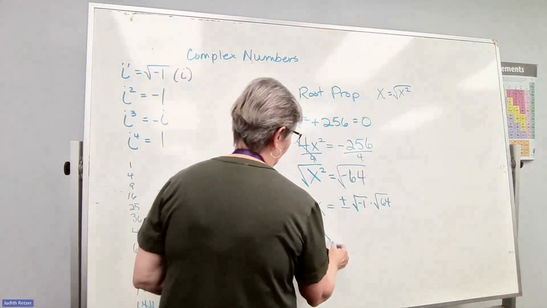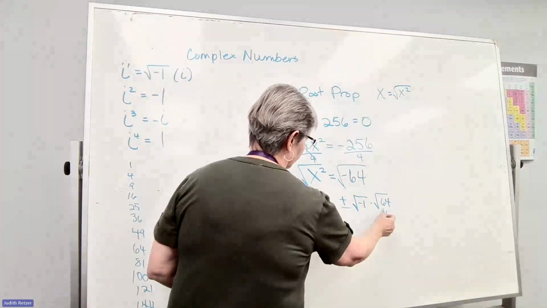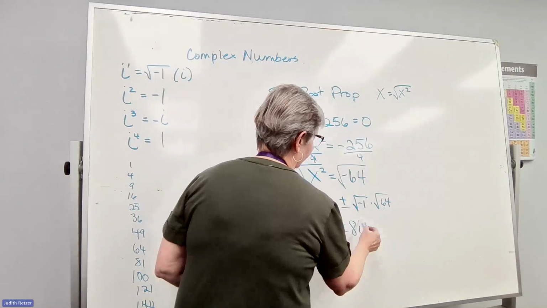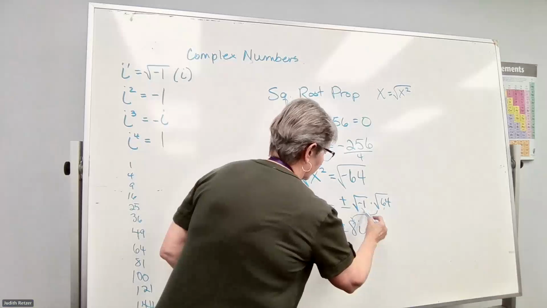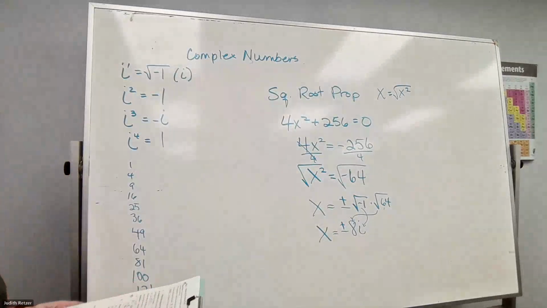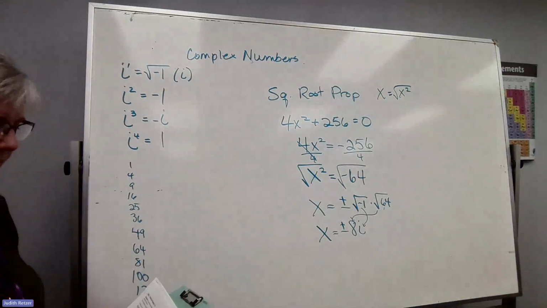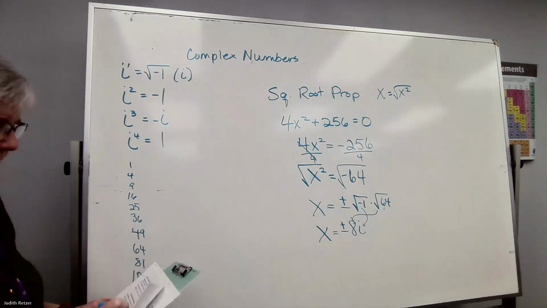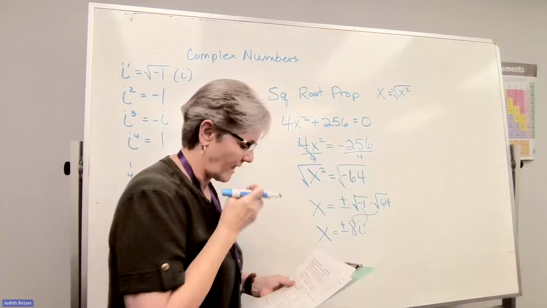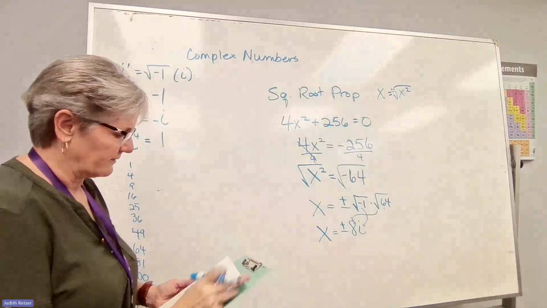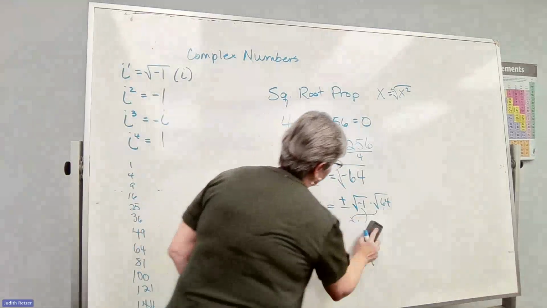So x is equal to plus or minus what? 8 goes first, 8, and then the i. I think one thing I left out on here was the plus minus part. Since I don't have it written in my notes, I'm just pulling it out of my memory banks. Sometimes they get a little scrambled.